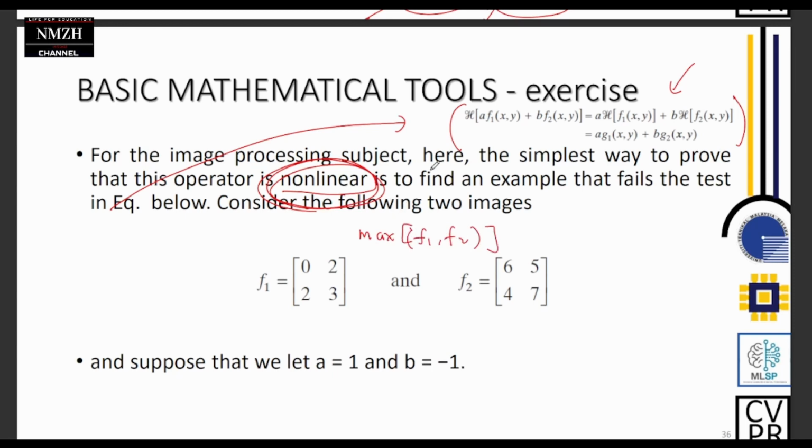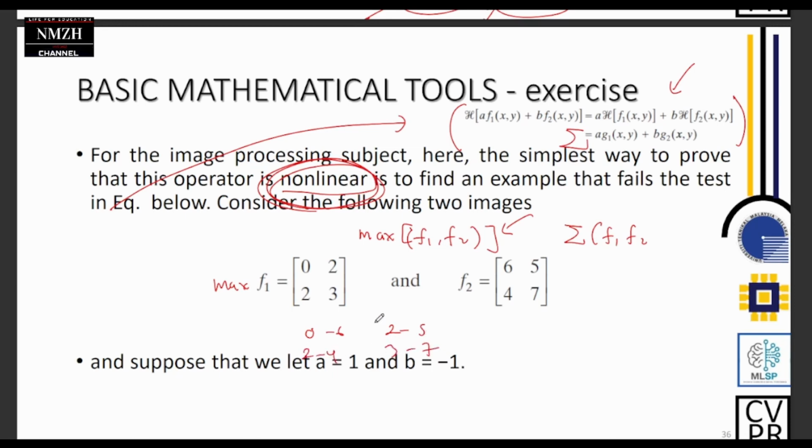So if we apply this concept of sum to the max, say that we have the max of 0 and minus 6, 2 and minus 5, 2 and minus 4, and 3 and minus 7.